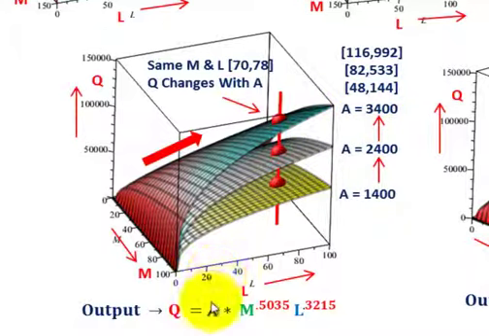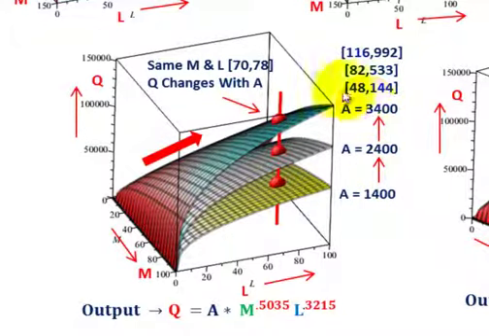That A quantity that we're looking at, this goldish one here was for our A revenue at $1,400 per unit, the grayish one here $2,400 per unit, and lastly this top surface, this production function, showing at $3,400 per unit. You see what's going on here.